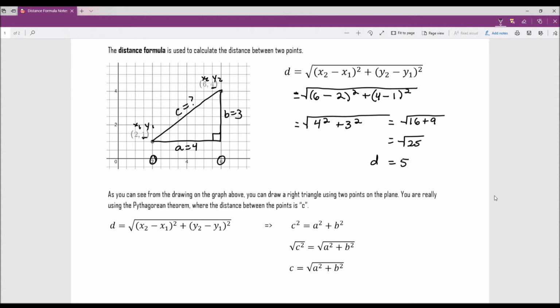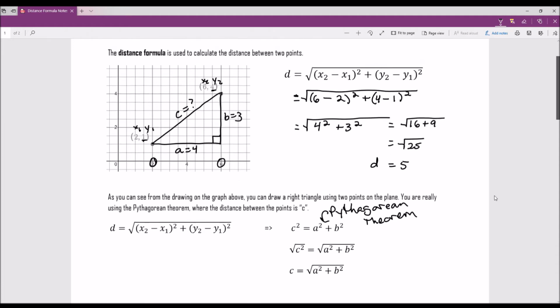So down here what I did is turn the Pythagorean theorem into the distance formula. By replacing the x1 and x2 with A, and the y2 and y1 with B, I've basically just turned one formula into the other.